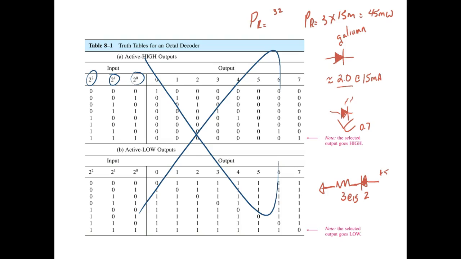So this is an eighth of a watt, which is 125 milliwatts. Surface mount can be a lot smaller, or they can be integrated.